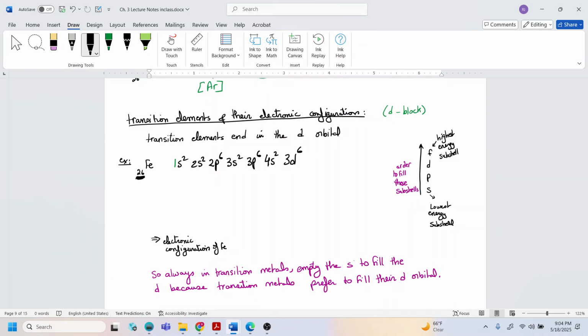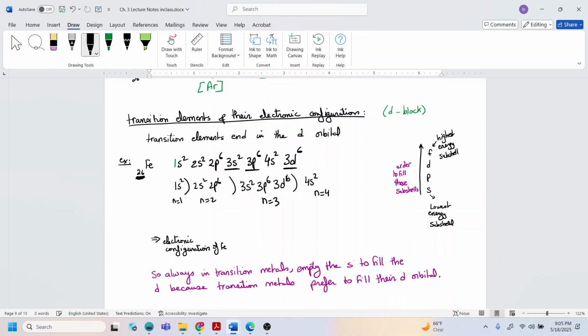We start with the 1s2, which is the n equals 1 shell, then the n equals 2, 2s2 2p6. N equals 3 is 3s2, 3p6, and 3d6. And then n equals 4 is the 4s2.